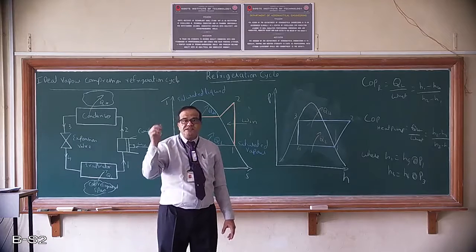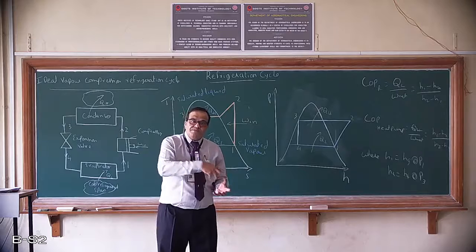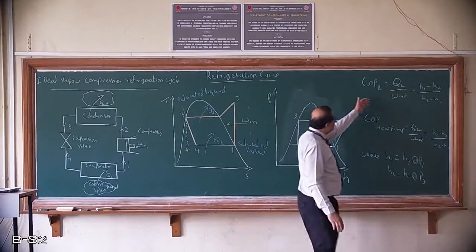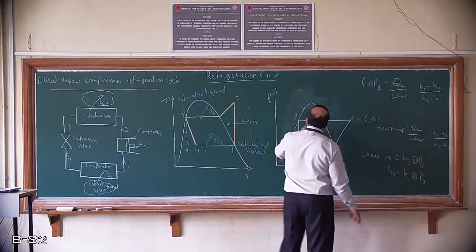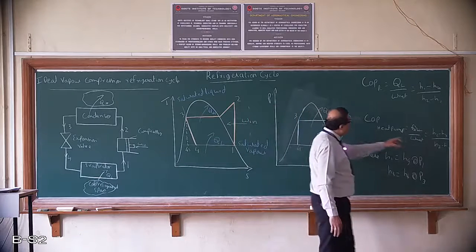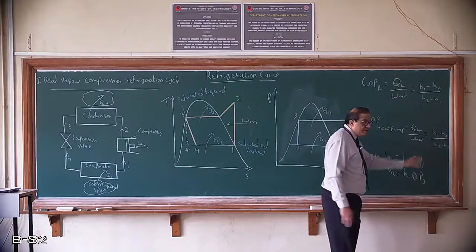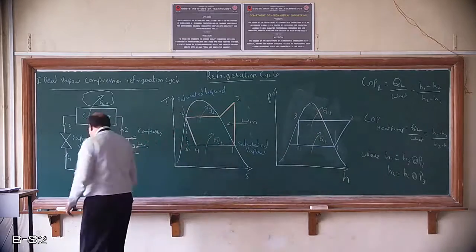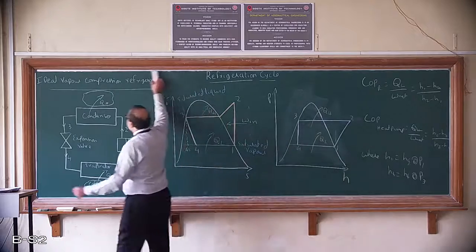So its function is to heat some space, whereas a refrigerator should absorb heat and cool the place. So that's the difference here. COP of a heat pump is QH by W net. QH is H2 minus H3, and W net is H2 minus H1. So that's it about the vapor compression refrigeration system.